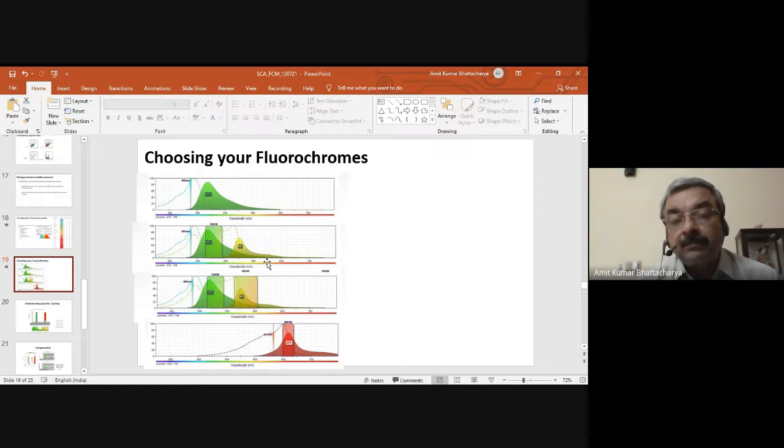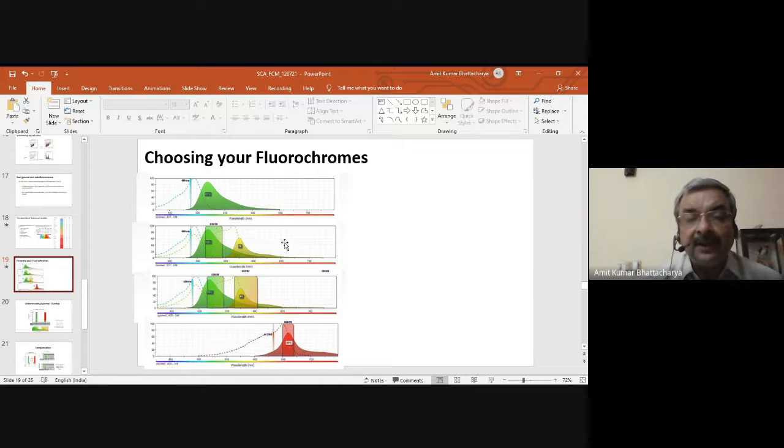So it can actually become difficult to detect, to be able to use this dye in combination with this, because most of the profile of the second dye, where the intensity is good, is overlapping with this.